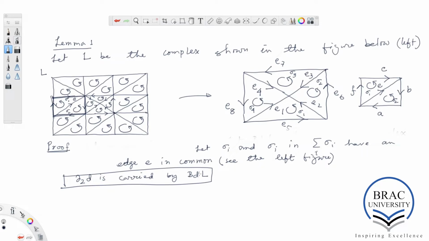So since del 2 D is carried by the boundary of L, the value of del 2 D on the edge E must be 0. Del 2 D on edge E is 0, right?